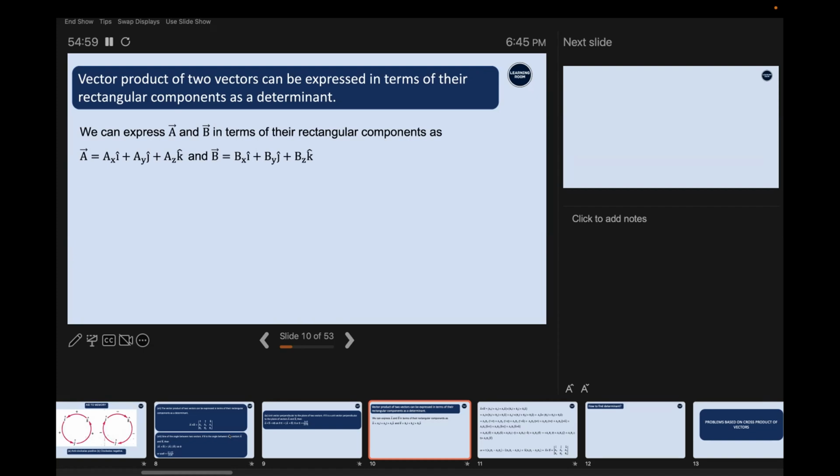Suppose I have a vector and b vector, which are individually written as ax i cap plus ay j cap plus az k cap, and b vector is written as bx i cap plus by j cap plus bz k cap. Make a note of this point.